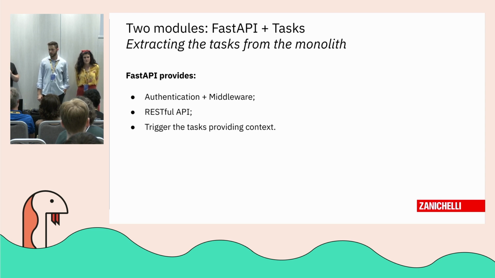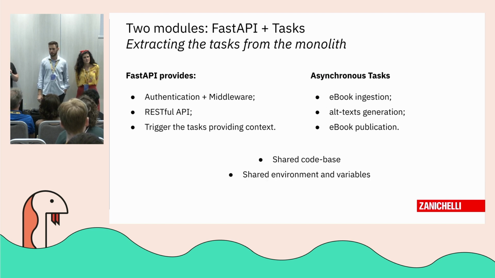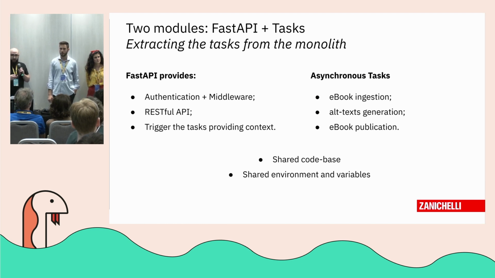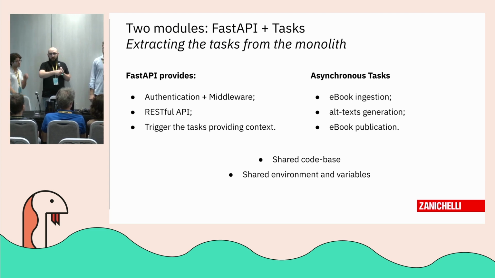While the tasks provide the ebook ingestion, the alt text generation, and the ebook publication. The two components share the code base, and right now they also share the same environment. It means, for example, once we load the ebook into memory in the API, it's available also in the task.